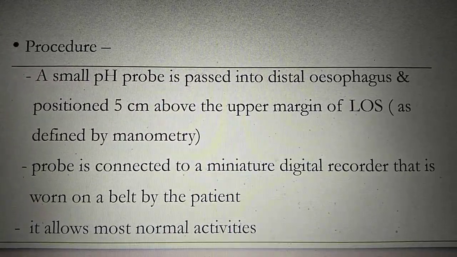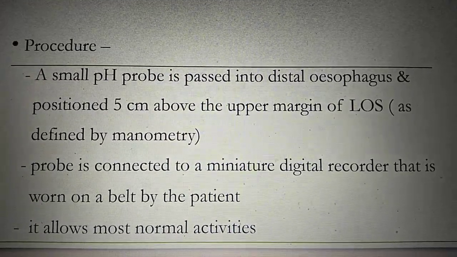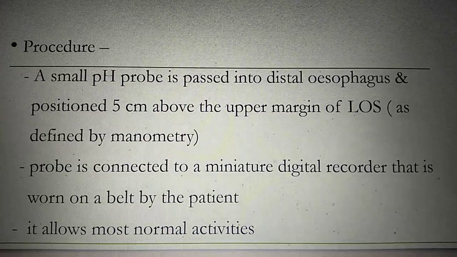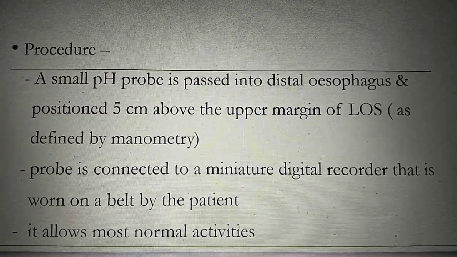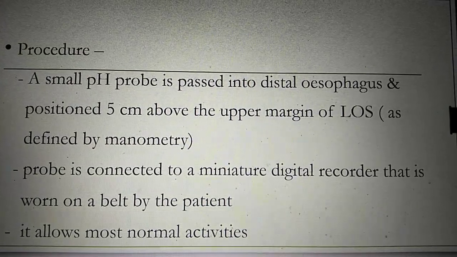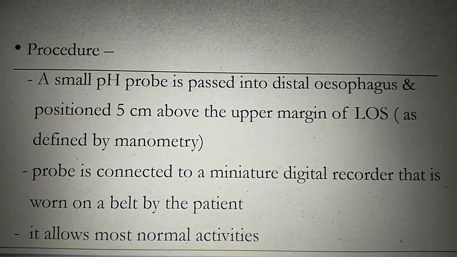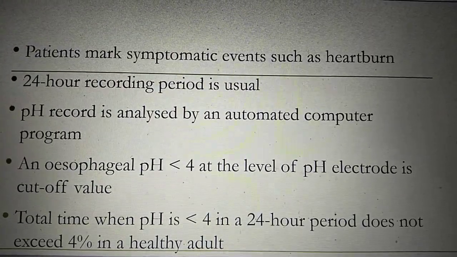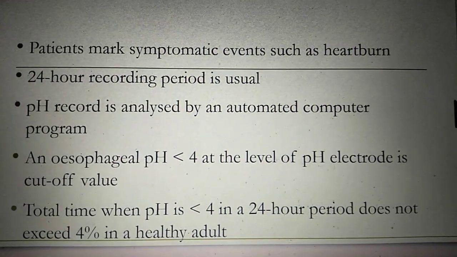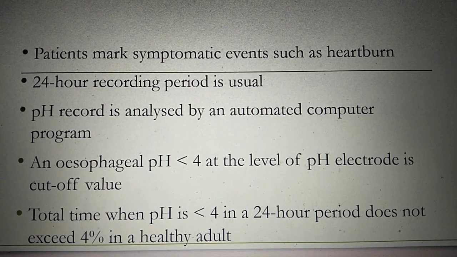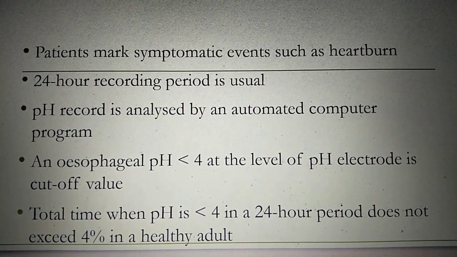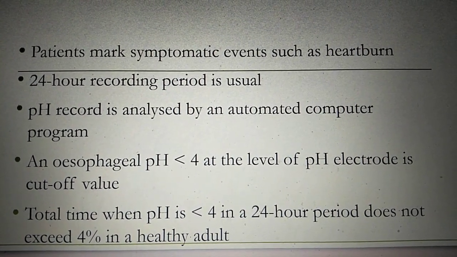Now this probe is connected to a miniature digital recorder. Usually a patient can wear it on the belt and can do all the daily activities. Whenever there are symptoms like heartburn, patients mark it. A 24-hour recording period is usual.